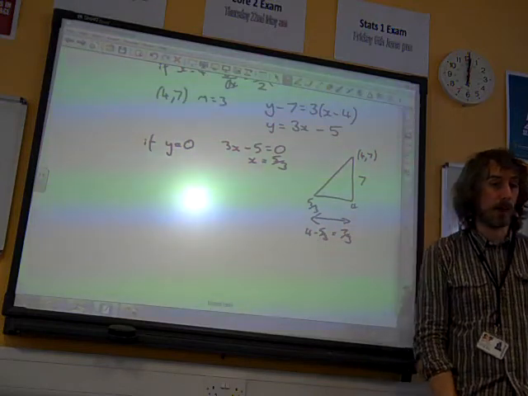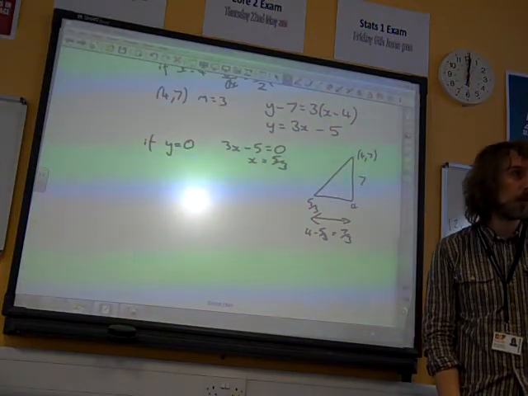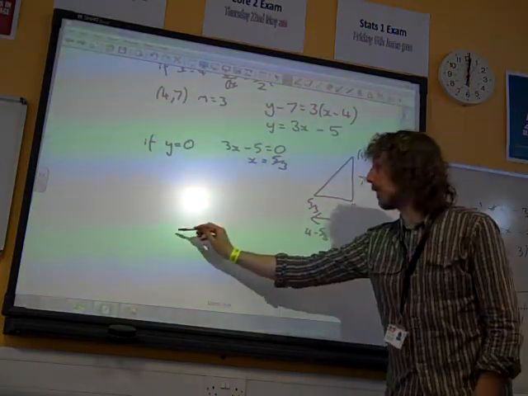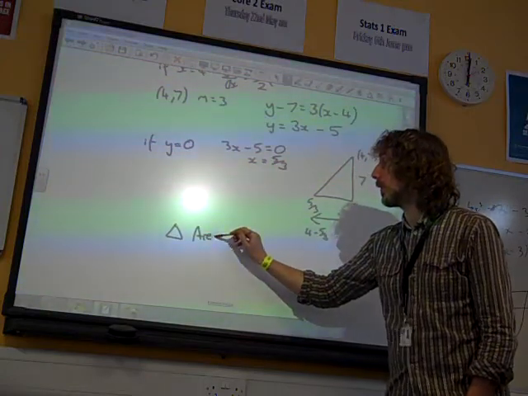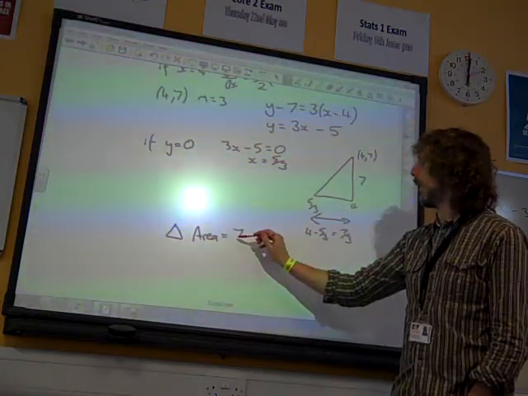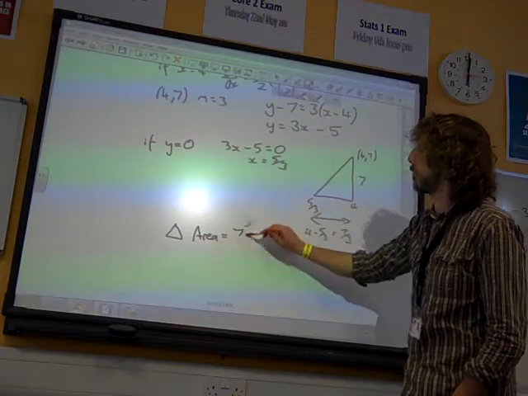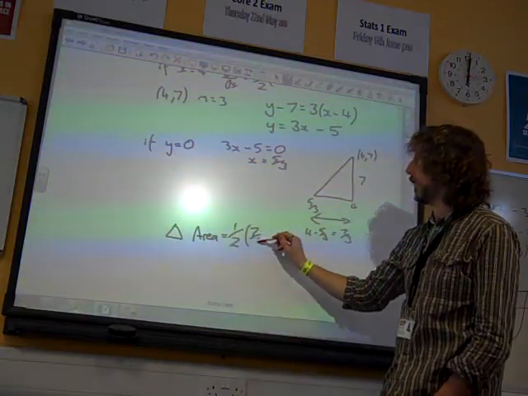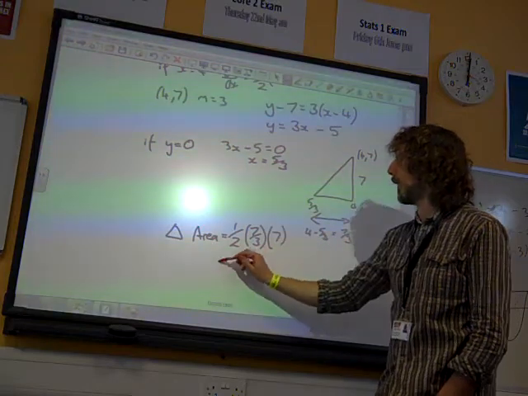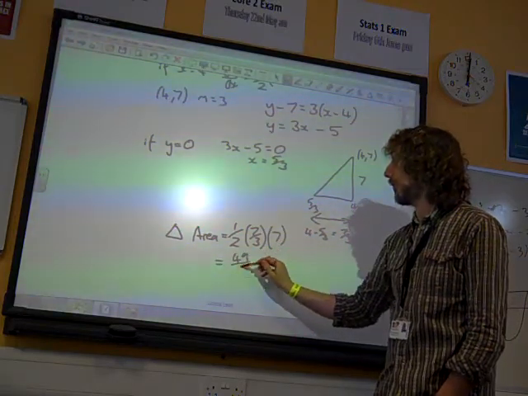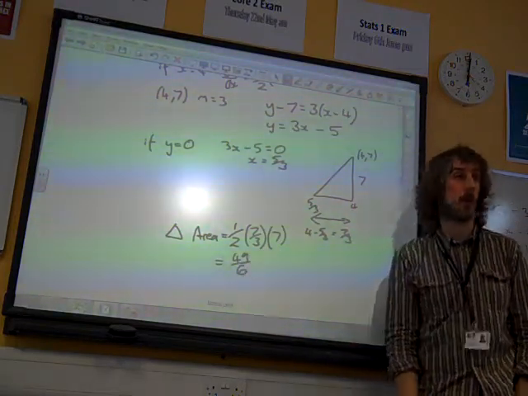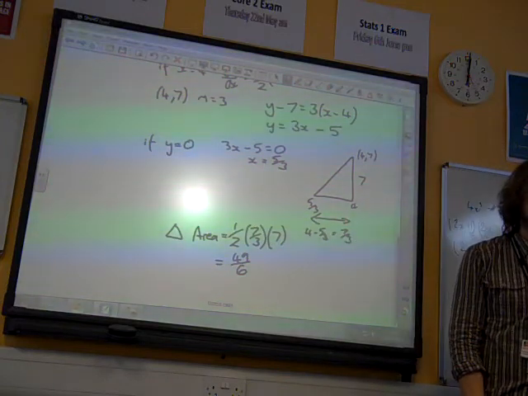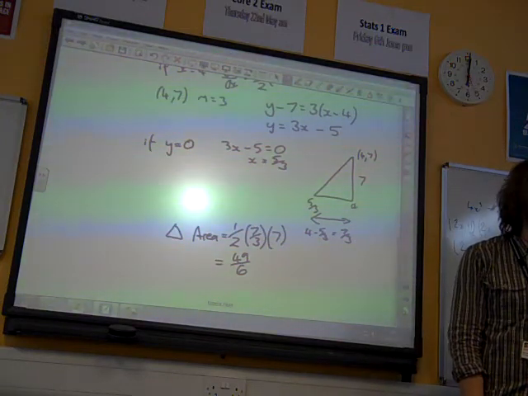It's going from the axis up to 7. So the area of a triangle is half base times height, so a half times 7/3 times 7, which is 49/6 square units.